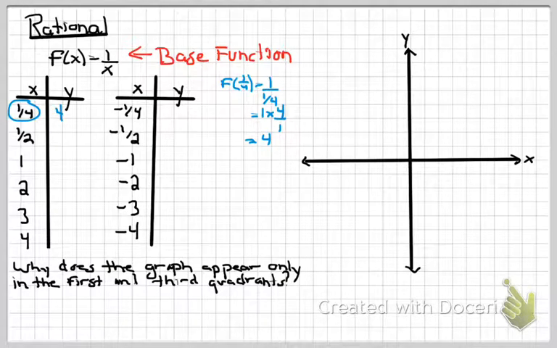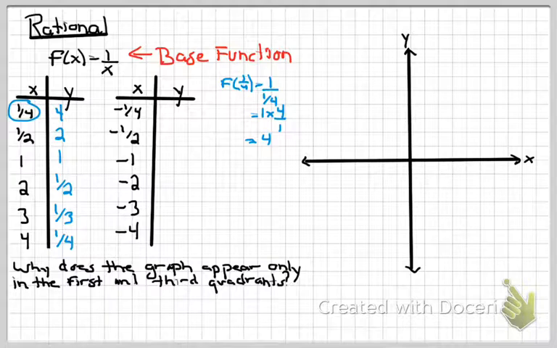Similarly with a half, this would be equal to 2. Now when we divide 1 divided by 1, we just get 1. When we divide 1 divided by 2, we get a half. 1 divided by 3, we get a third. And then a quarter when we divide by 4 for our x.